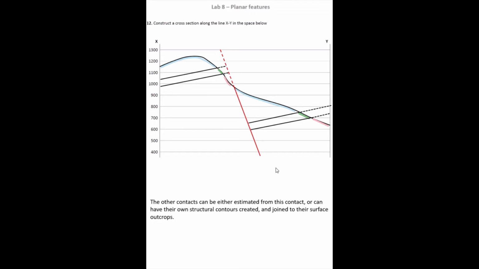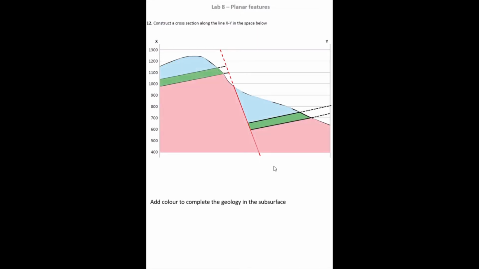Okay, then what I can do is add in some color to show the geology in the subsurface. And then that's what my cross-section is.